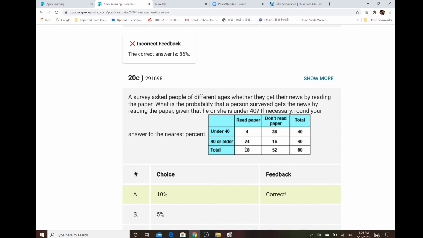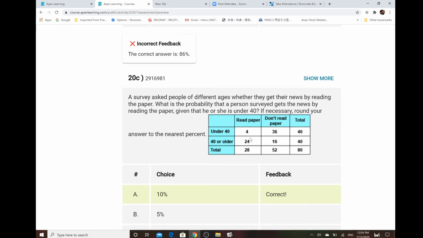Wait a minute, let's see. Okay, so gets the news by reading the paper. So 28 people reading the paper, but this one is under the 40 years old group. Oh, you know what? It's just 4 over 40.